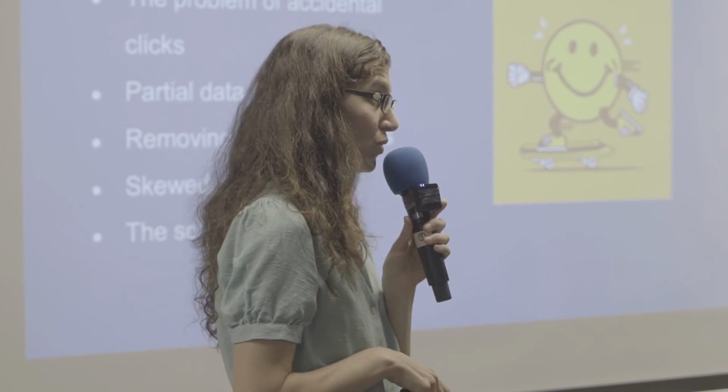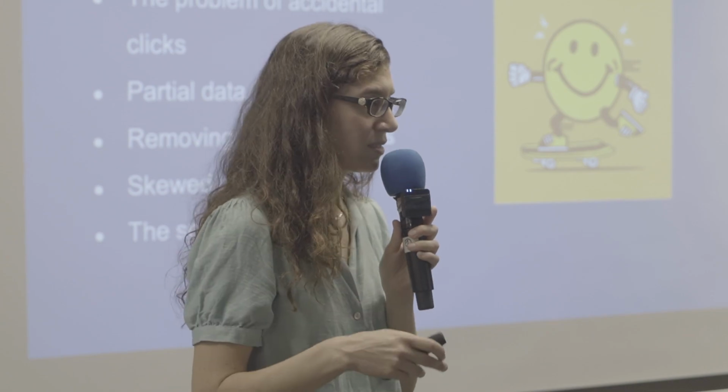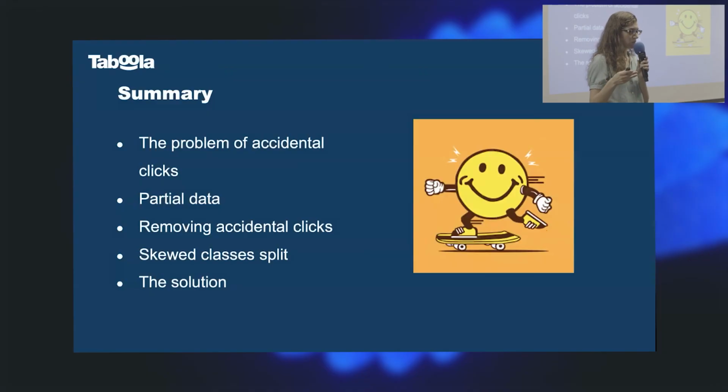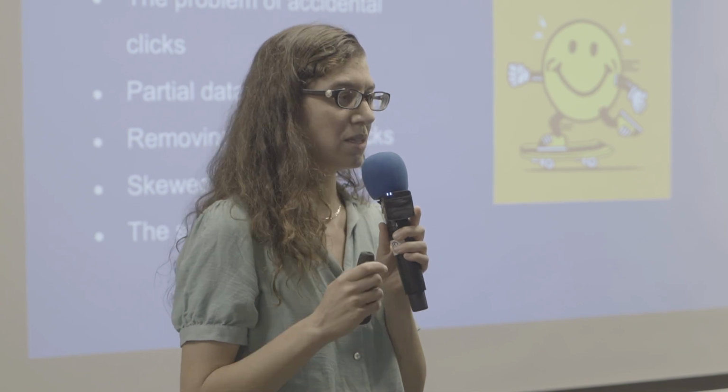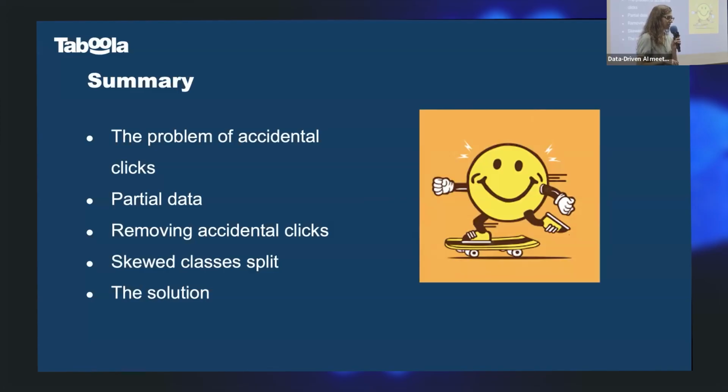In order to solve it, we duplicated real clicks that the user was engaged with for every accidental click that we removed. And in this way, we improve the advertisers' metrics like CVR and CPA without hurting their scale.